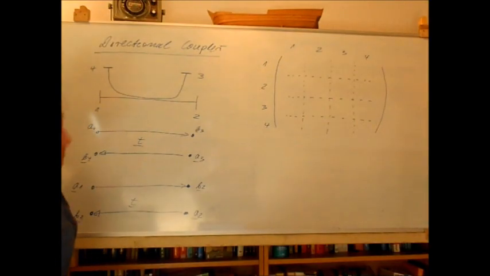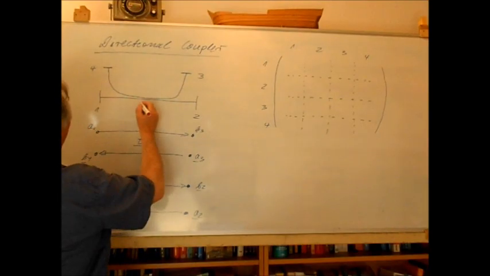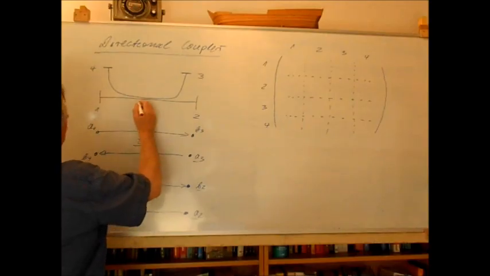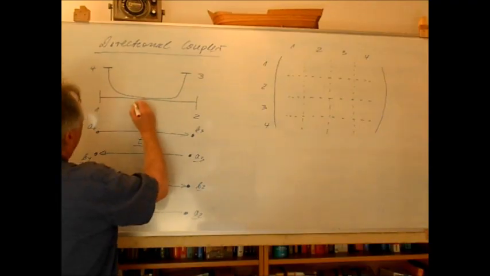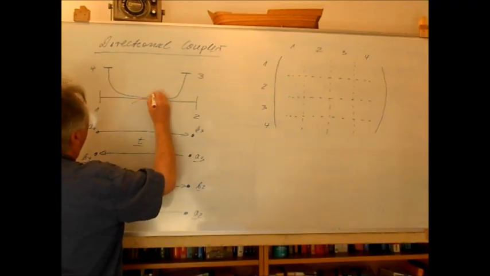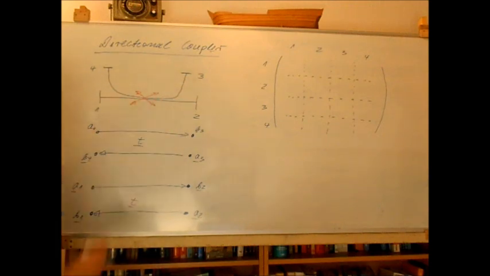Now there exist different kinds of directional couplers. One kind of directional coupler is built with the help of rectangular waveguides. So they normally couple in this direction. Port 1 and port 3, port 1 couples to port 3 and vice versa.